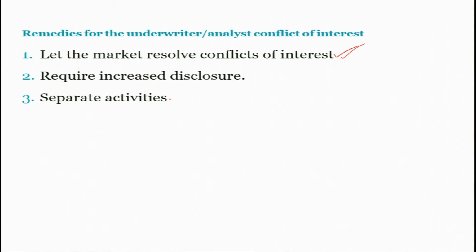The difficulty with separation is that although the potential conflicts of interest are reduced by this approach, the greater the degree of separation, the more potential synergies in information collection and use are lost. Though we talk about this conflict of interest, we can also see that when the investment bank does underwriting and at the same time does research consulting, they are getting more and more information.